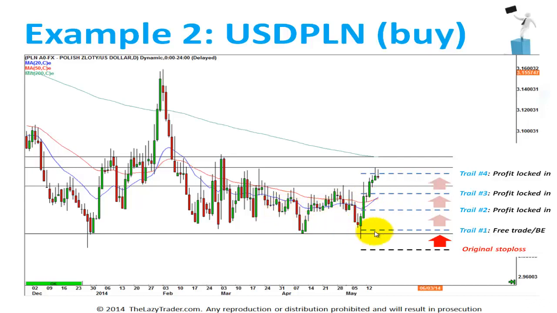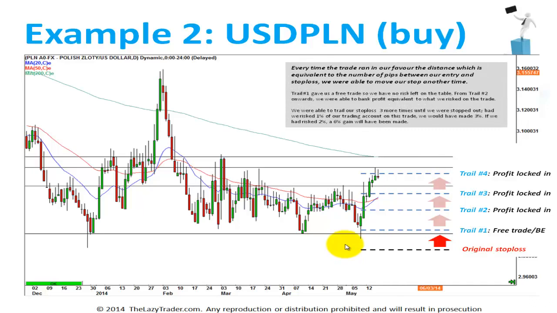For every equivalent number of pips difference between our entry and our stop loss, the trade moved in our favour. We were able to trail that distance behind in these phases. So in this instance, we're able to trail our stop loss 3 times until we were stopped out by retracing price action, and it made a 6% gain, risking 2%.